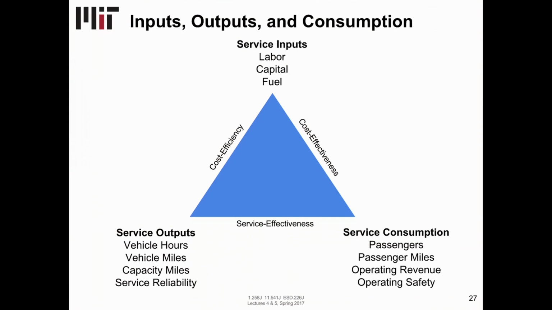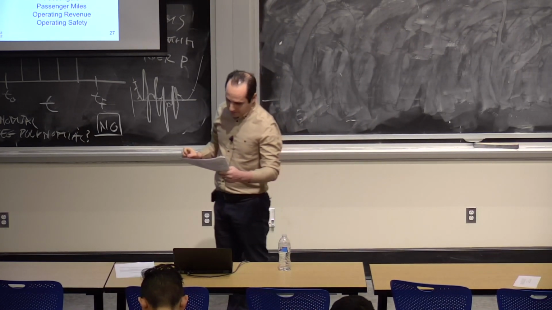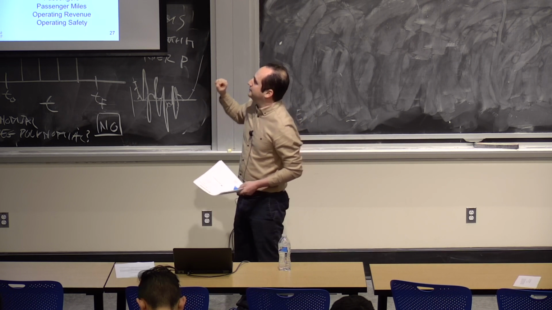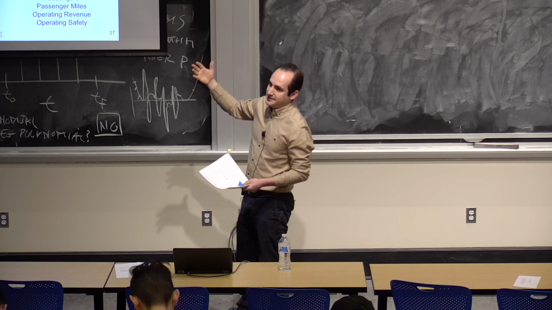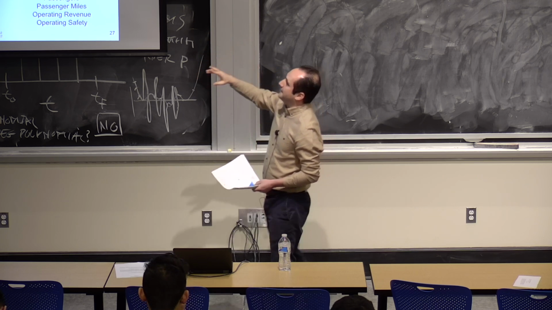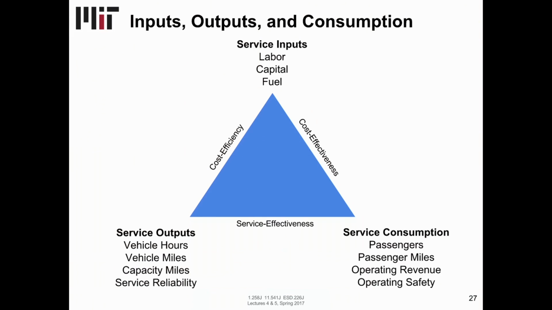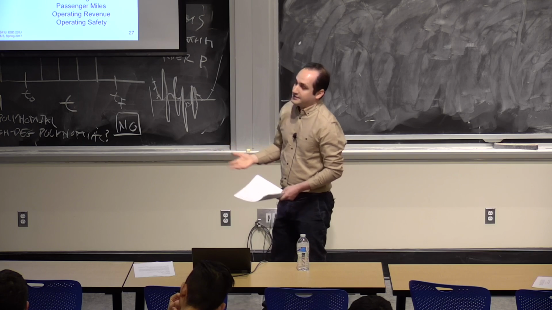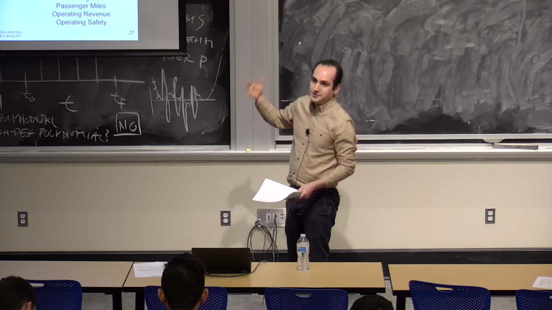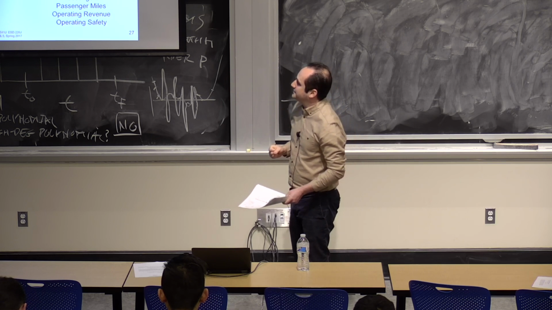So different measures can be defined to measure the performance of the transit system based on these quantities. For example, you can look at only the vertices of this triangle, like what is the amount of labor, including drivers and maintenance, what is the capital cost of the fleet and infrastructure, what is the fuel consumption in the system.